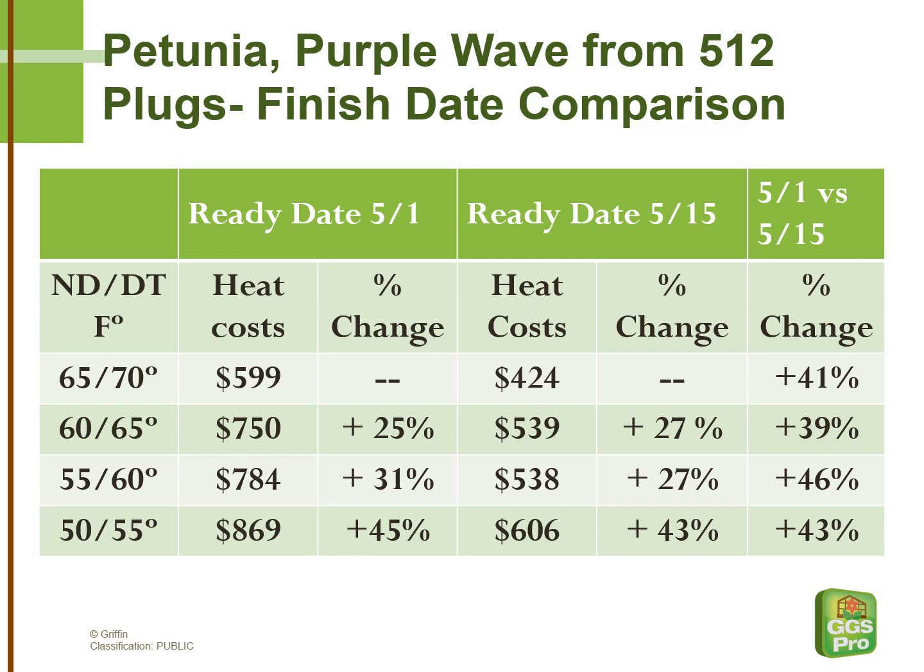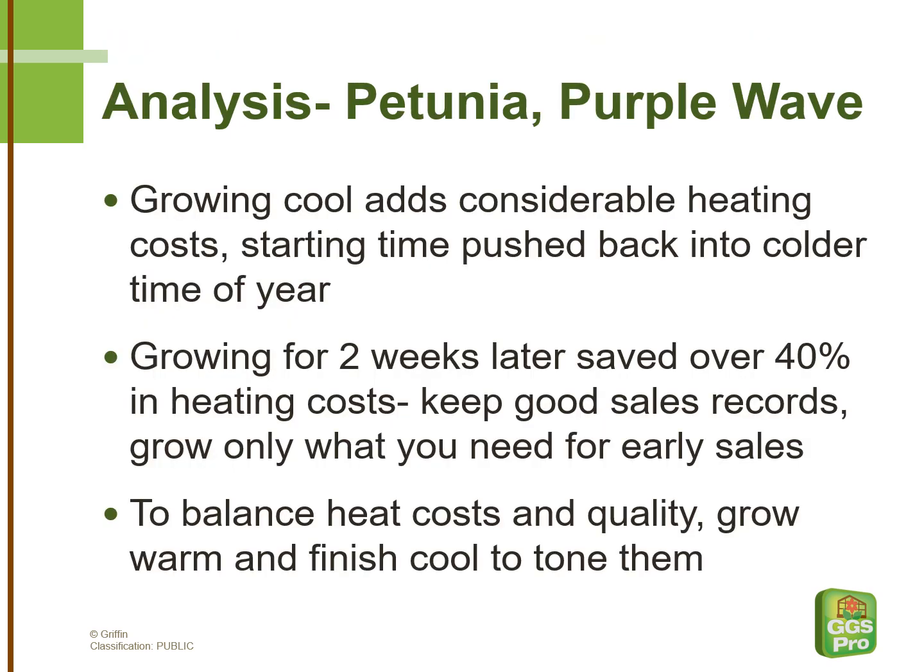And I realize sometimes for smaller growers you have minimums you need to meet. It may not always work that way, but I think not only do we need to keep good records of how we're growing our crops, we also need to keep records of how they're selling, so that we have a good idea of how much we need for our early crop and how much of it can be deferred to a crop that started later, and enjoy the associated heat savings from that.